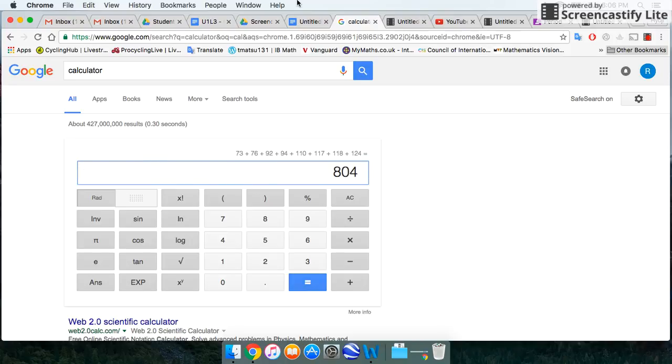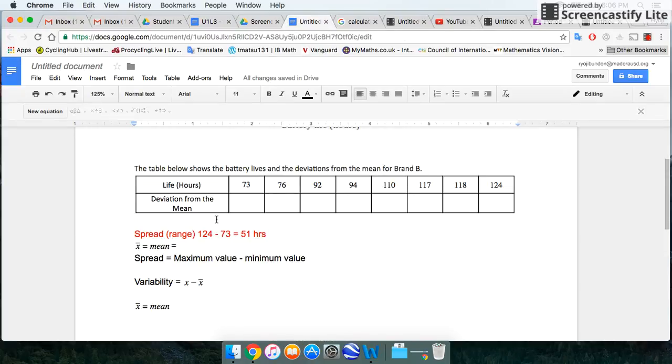This equals 804. So 804 divided by 8 is 100.5. So the mean is 100.5.